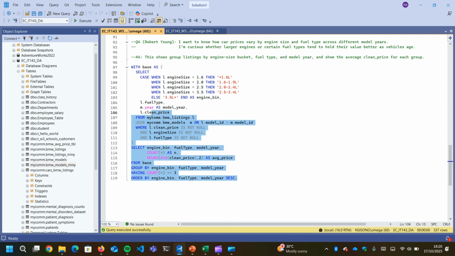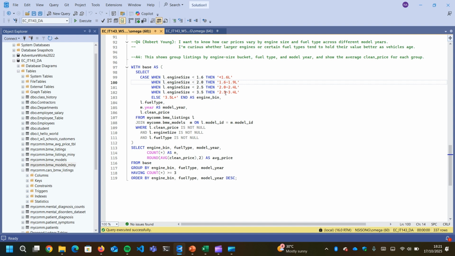So what I did was I bucketed the engine size into ranges, which you can see here: less than or equal to 1.5, which is basically less than 1.6 liters. Then I also did 1.6 to 1.9.